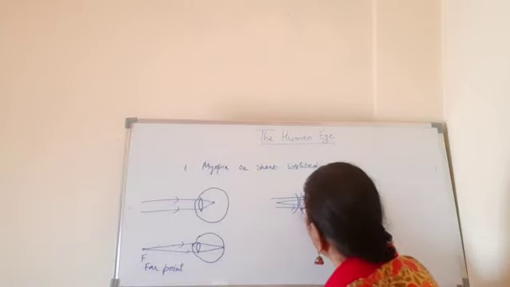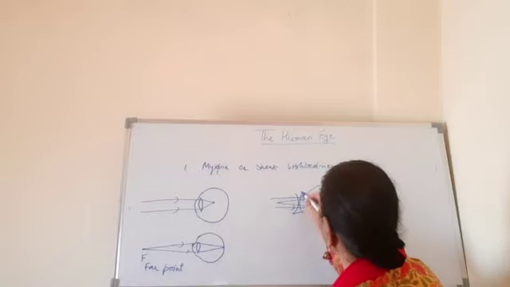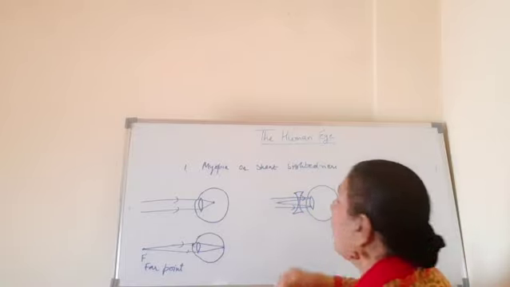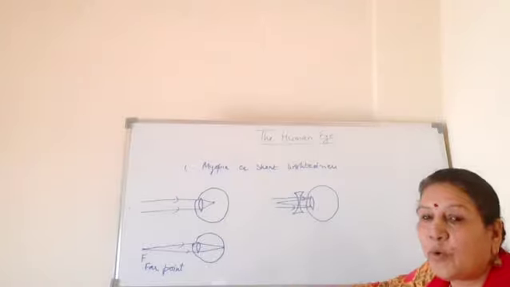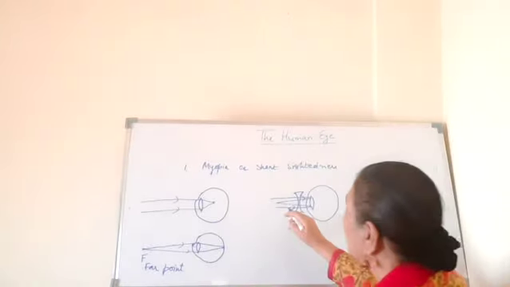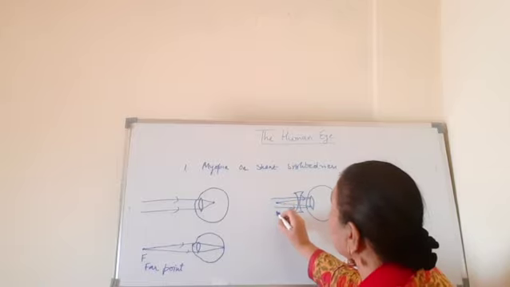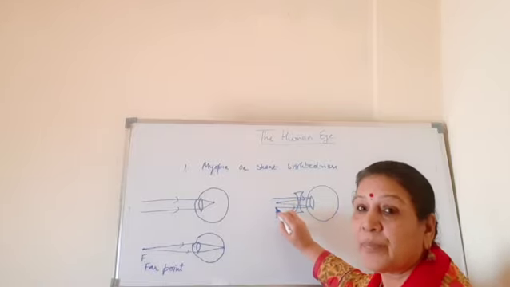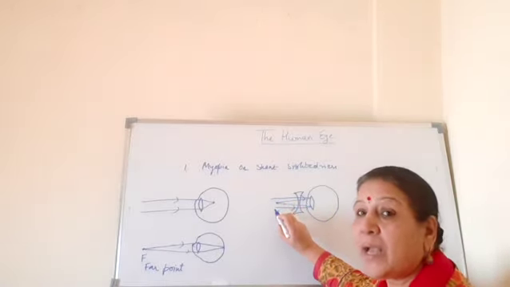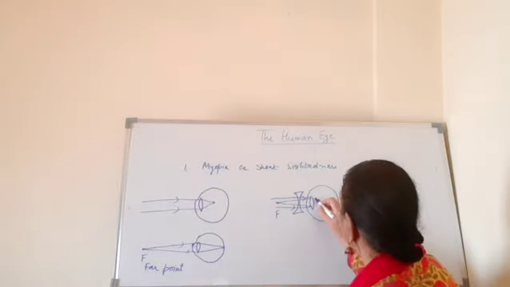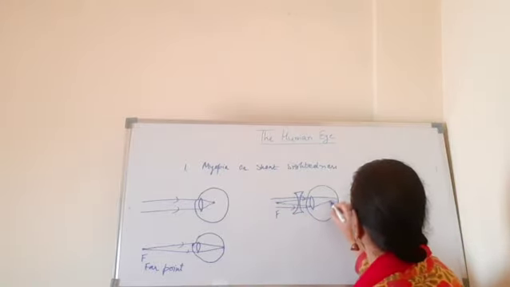the correction has to be done by placing a concave lens of appropriate focal length, so that a virtual image is formed at the myopic eye far point, so that it brings the image to the retina.